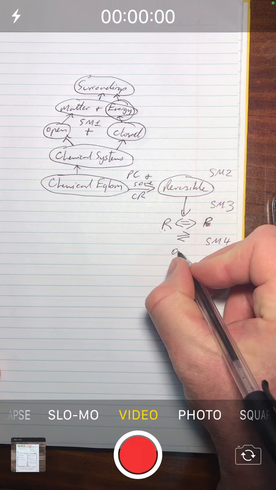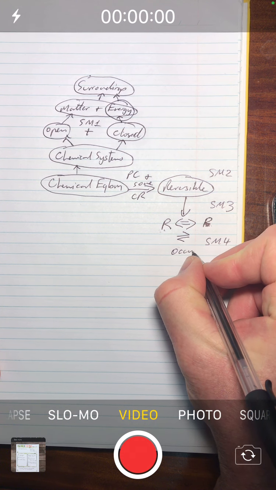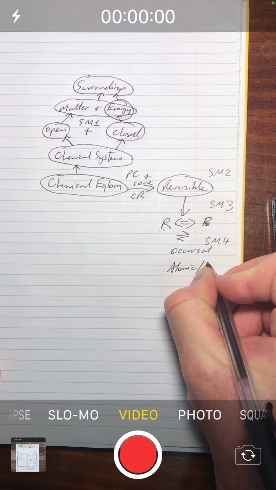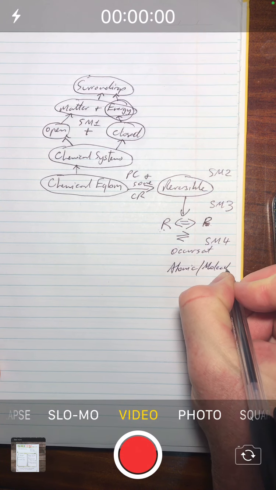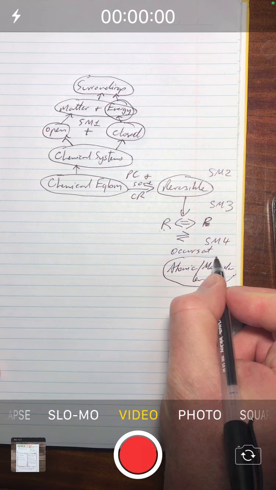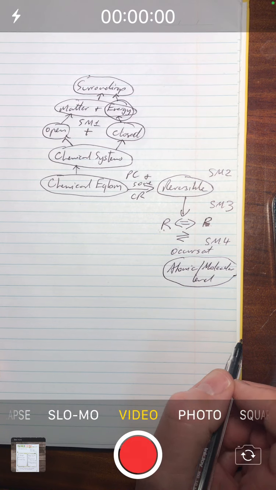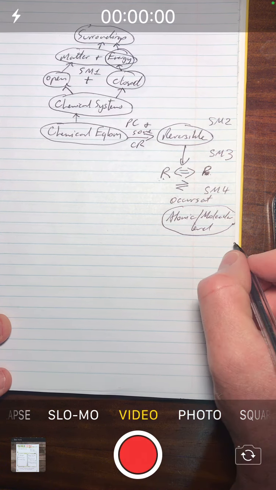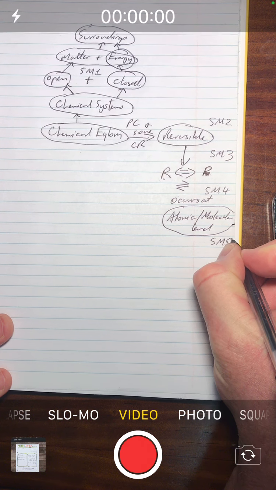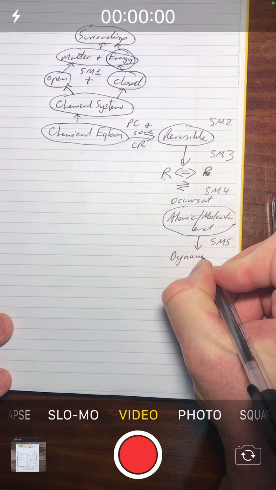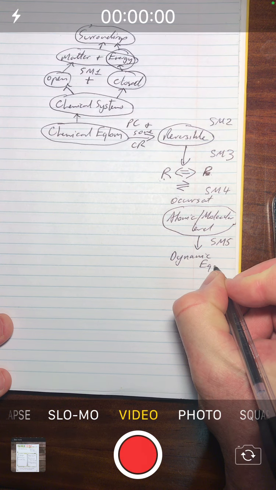Okay, now this all occurs at the atomic molecular level. So it is possible that when you're looking at a process that's undergoing chemical equilibrium, that you actually physically see no change. Okay, and that leads to this concept called dynamic equilibrium.